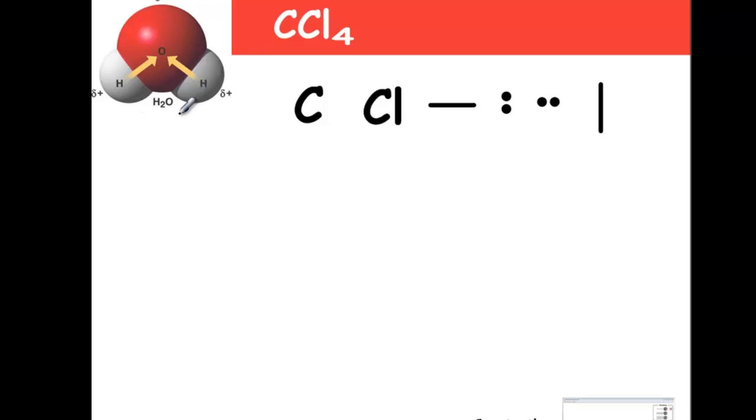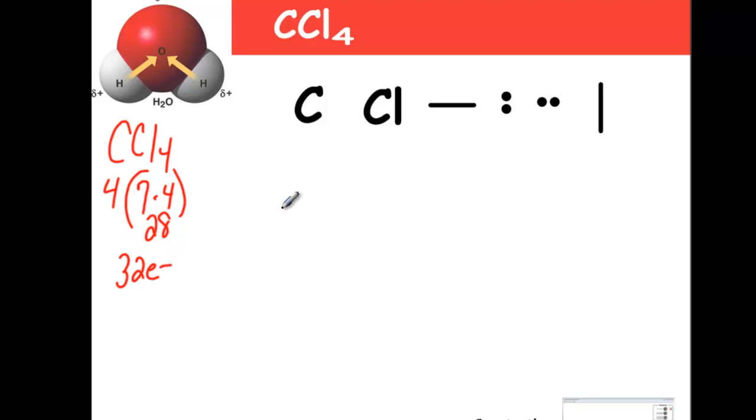The first thing you do is always count how many valence electrons each element is going to contribute to the pool. So carbon's going to give up 4, because that's all it has, and chlorine's in group 7, so it's got 7, and there's 4 of them, so all the chlorines together pool their electrons, and they've got 28. So 4 plus 28 is 32 electrons.